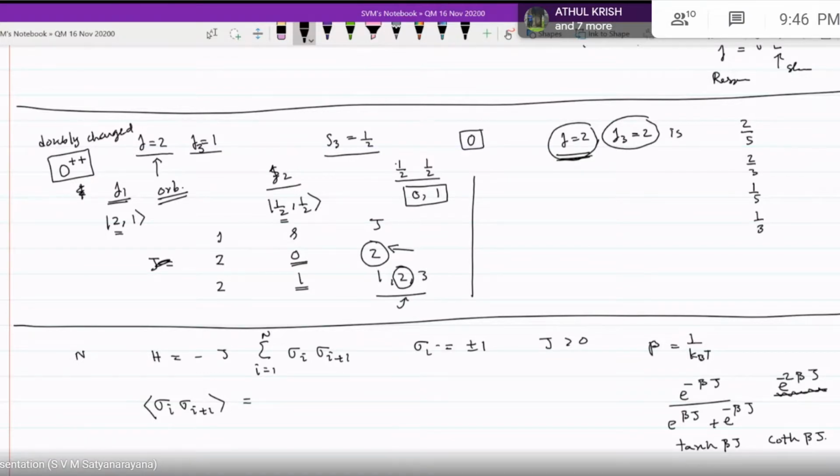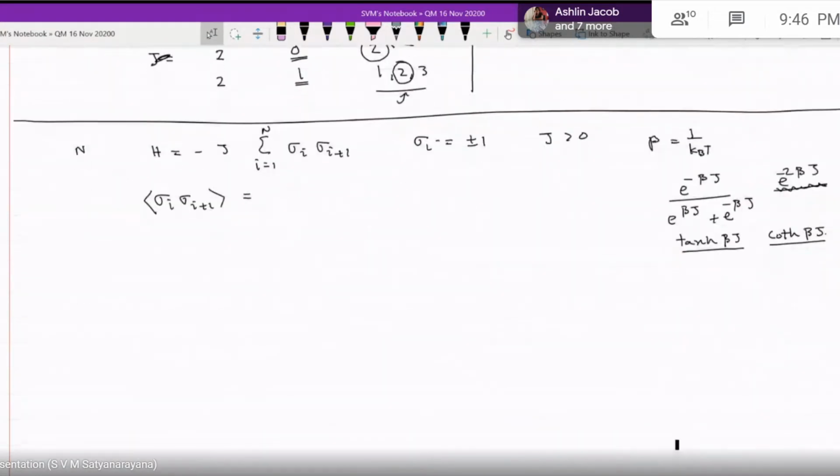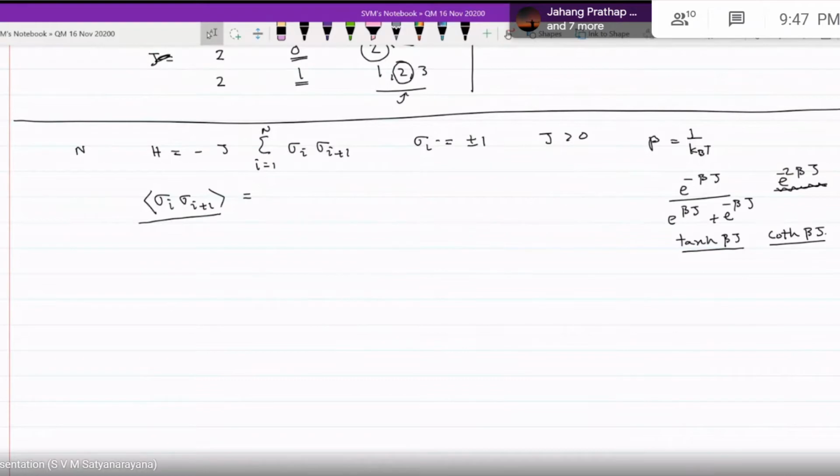So the doubt mainly is what is the correlation function between the nearest neighbor spins. I know how to write the partition function in an Ising model. Essentially, this is the correlation function, an ensemble average. The canonical probability density is given by e to the minus beta H divided by the partition function, correct?